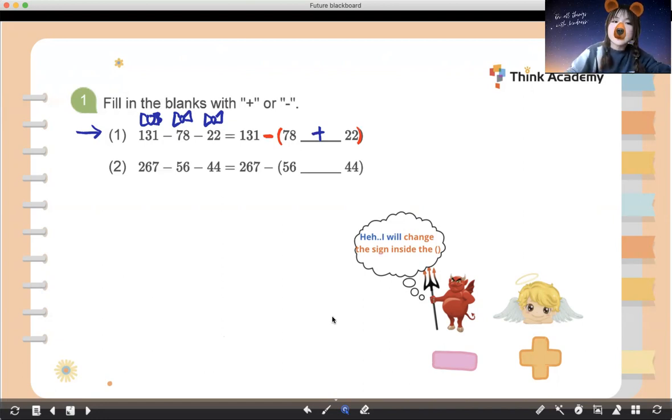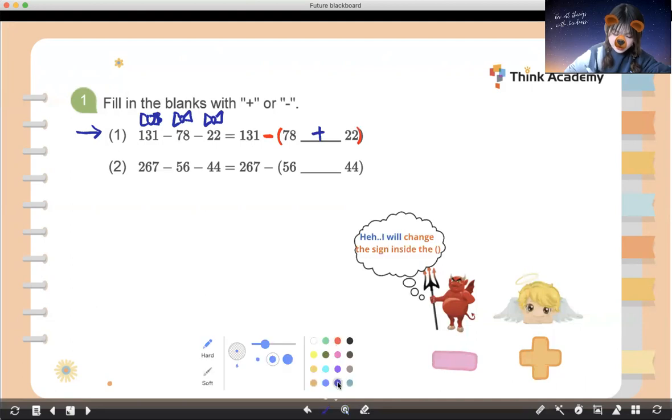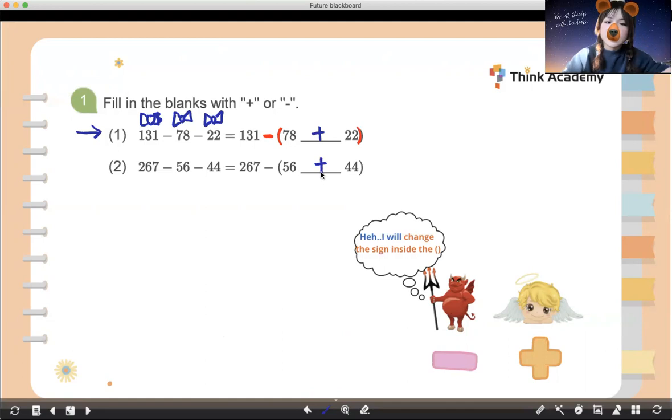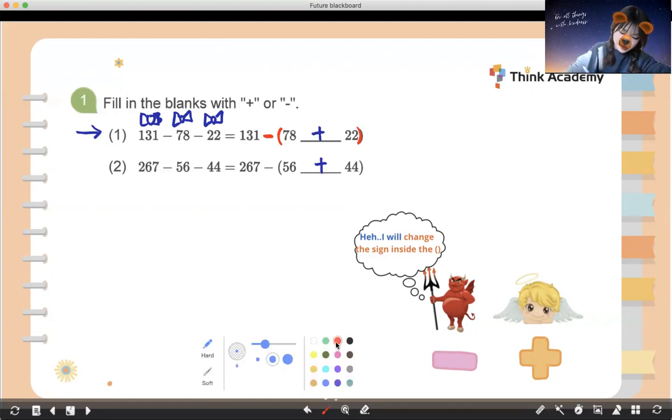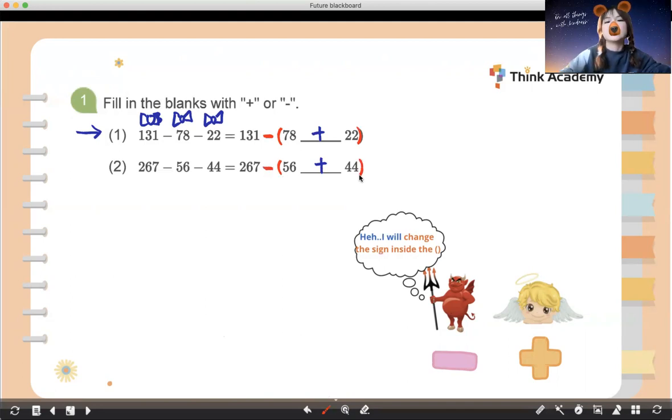This time we want to add the parentheses behind the minus sign between 56 and 44. Should we do plus or minus? Very good. We should also do plus. Because again, this is a minus sign in front of the parentheses, so the real devil will change the sign inside the parentheses. Okay, so this is the first question.